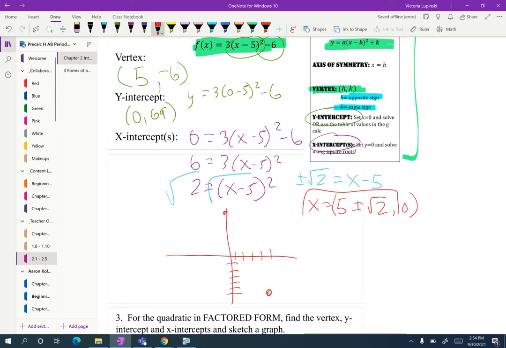And then I know that if I go 5 units in the other direction, I'm going to get a partner point. Using my calculator, if I do 5 plus the square root of 2, I'm going to get 6.41. And if I do 5 minus the square root of 2, I'm going to get 3.59. So again, even though those are decimals, you can still graph them. So 3.59 and 6.41.